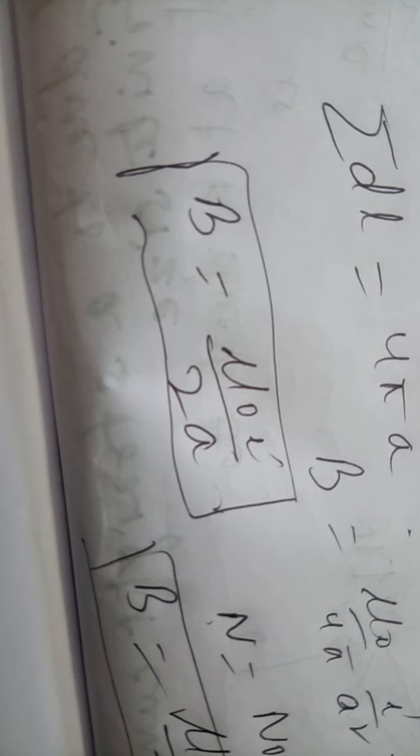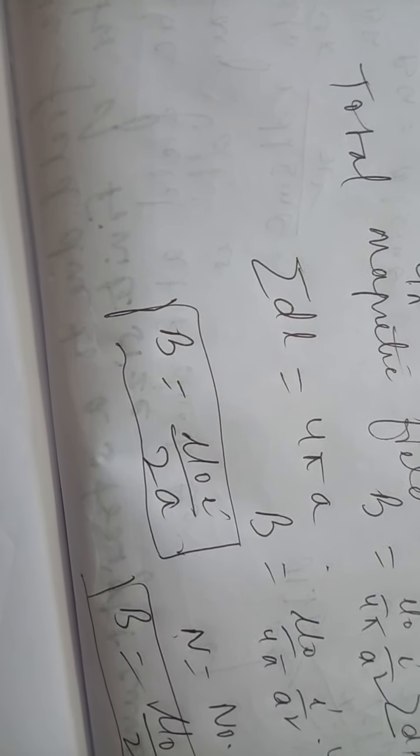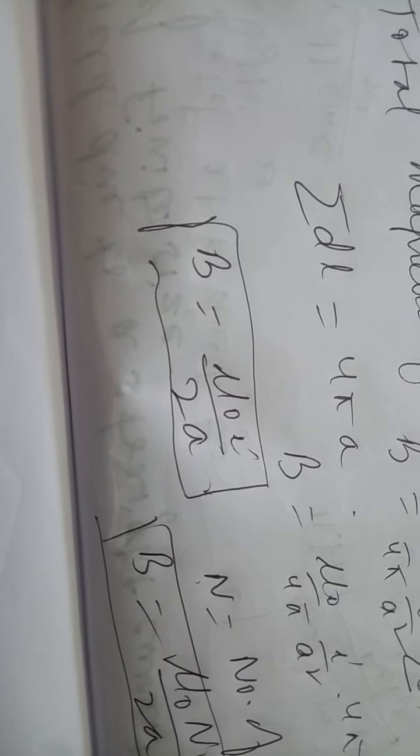And I've already stated, what is the right hand palm rule? If we stretch our right hand palm such that the thumb points in the direction of the current, and the fingers point to the point P where we are going to find the magnetic field, then the perpendicular drawn from the palm will give the direction of the magnetic field. So we are using the right hand palm rule to get the direction of the magnetic field.